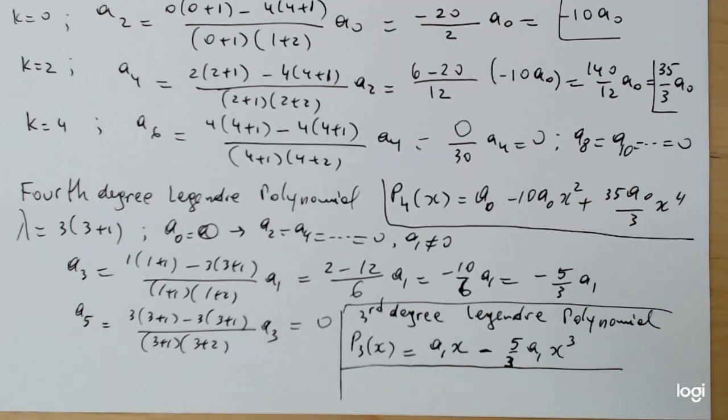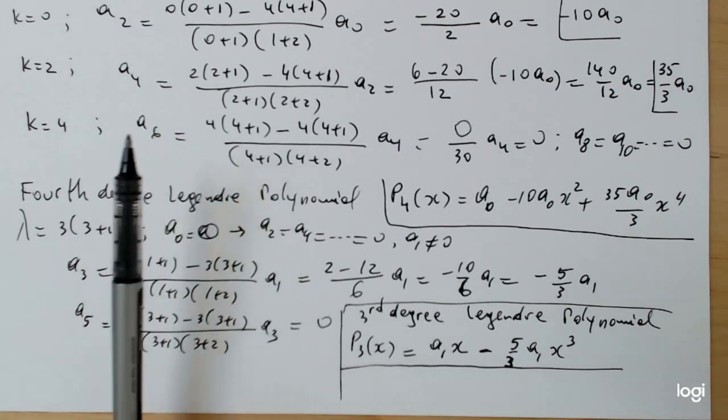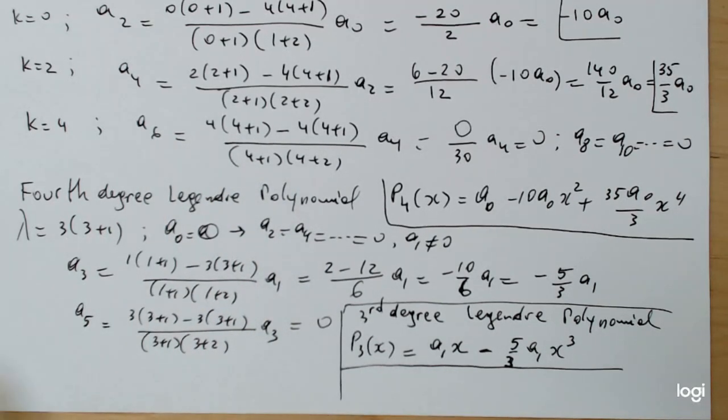And for practical purposes, there are some closed forms for these polynomials, so that you have a generic formula for a Legendre polynomial of degree n, because you don't want to go through this process one by one. You are better off to have a more compact formula for each Legendre polynomial. So more on that on the next part.